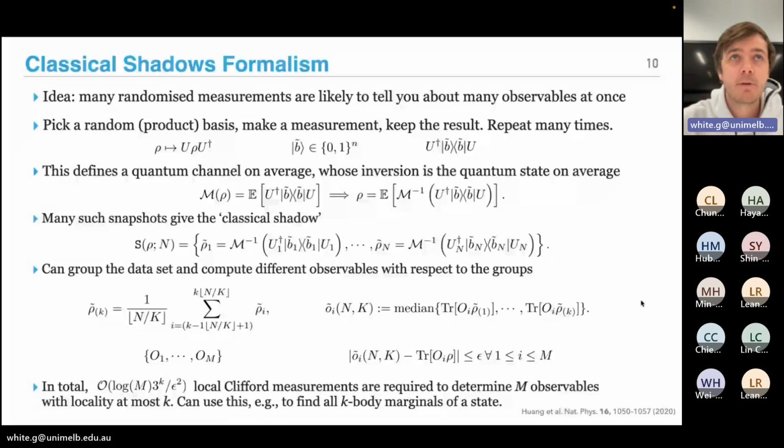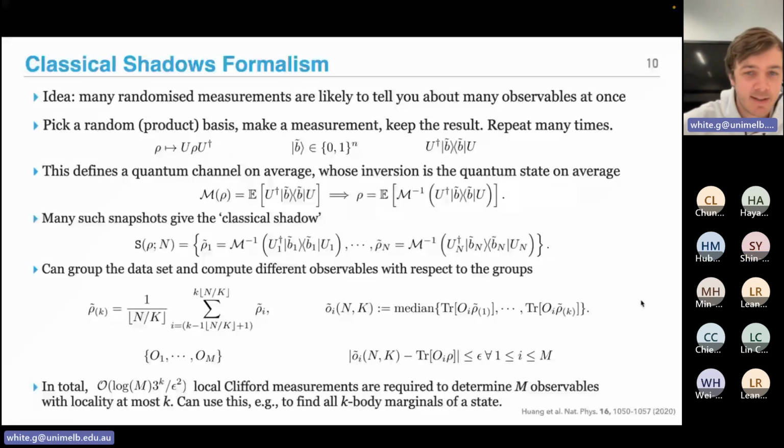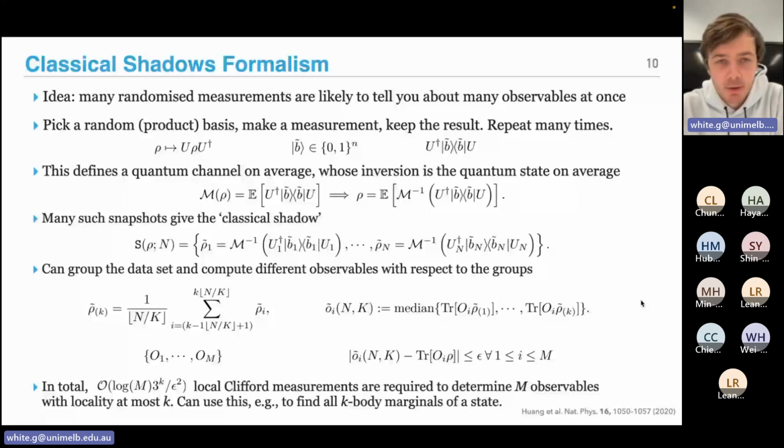So if you have identity, identity, identity, x, x, x, identity, identity, identity, that is basically the number of traceless Paulis which show up in your tensor product observable.